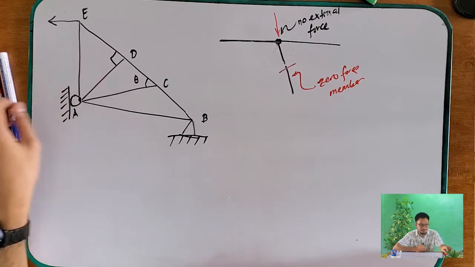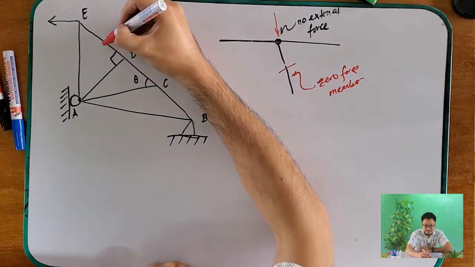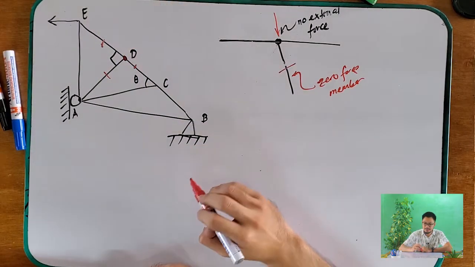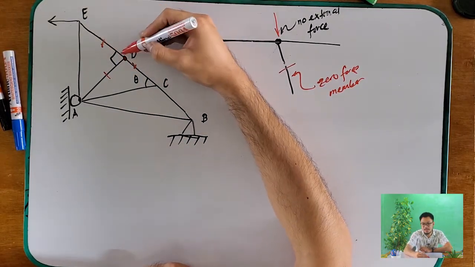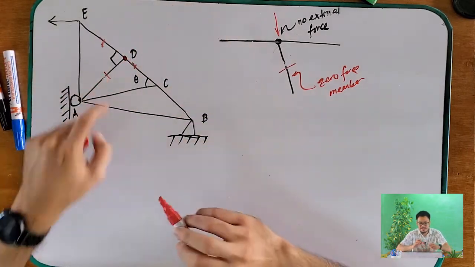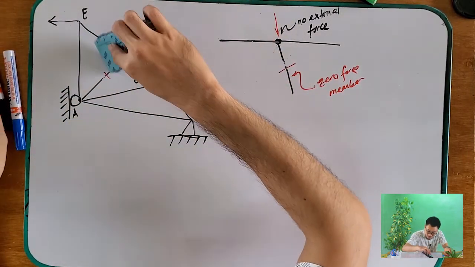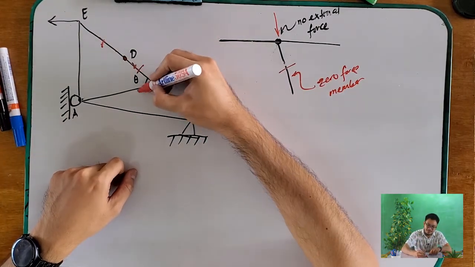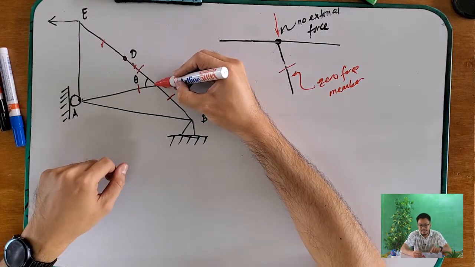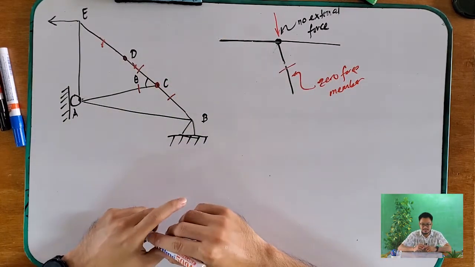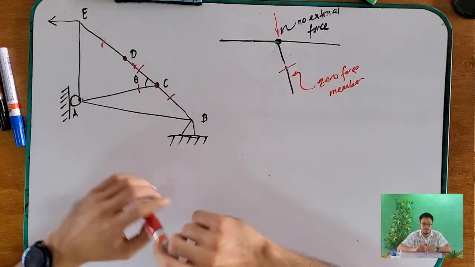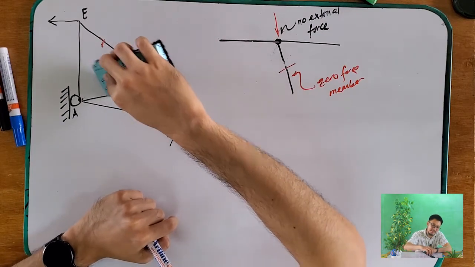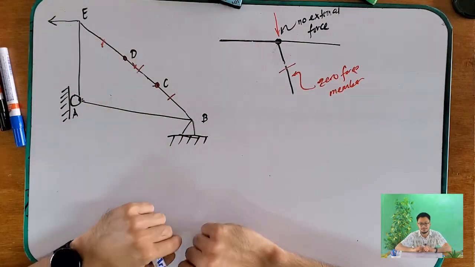So, which of these members right here are zero force members? Well, obviously, if these 3 are connected on one joint and these 2 are collinear, then this third one is a zero force member. And at the same time, these 3 members connected at one joint, and 2 of these members are collinear, then the third member is a zero force member.